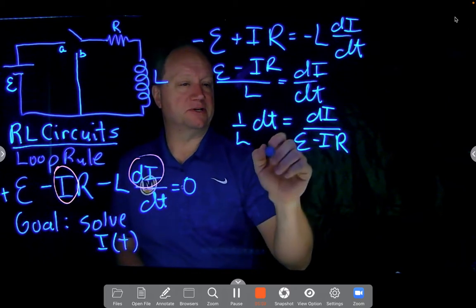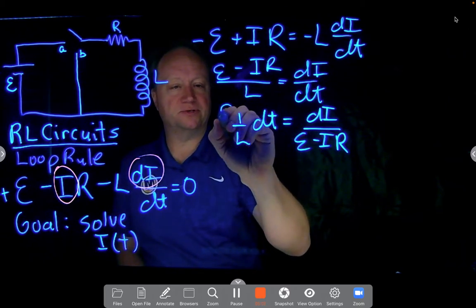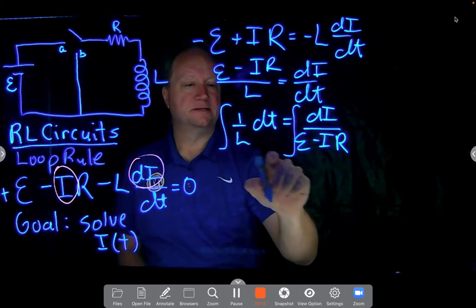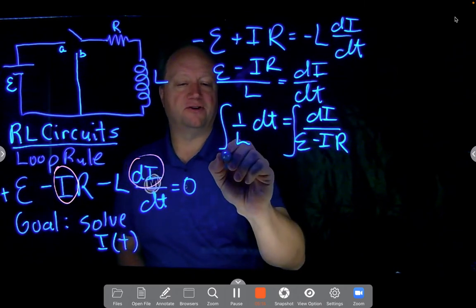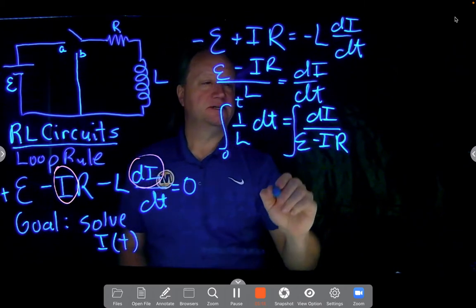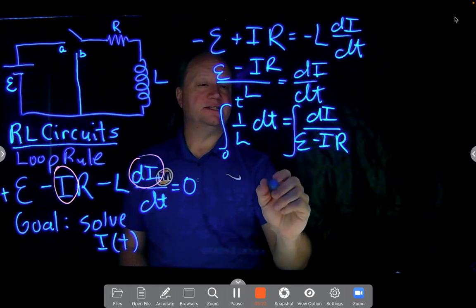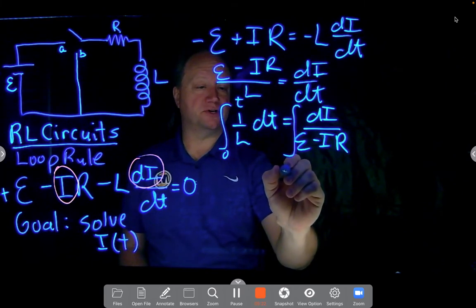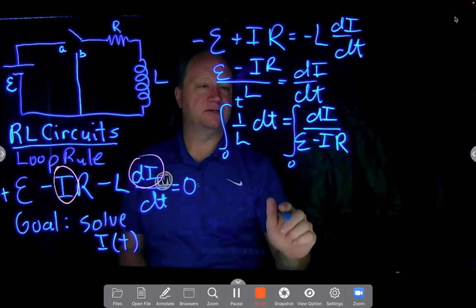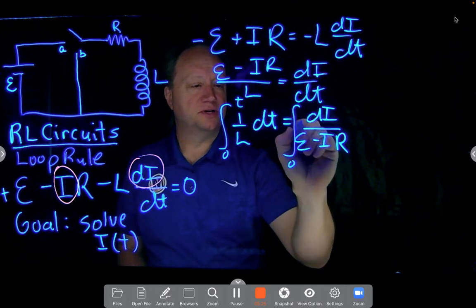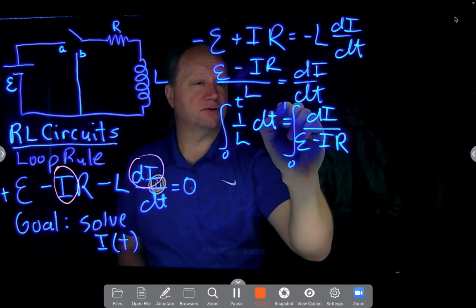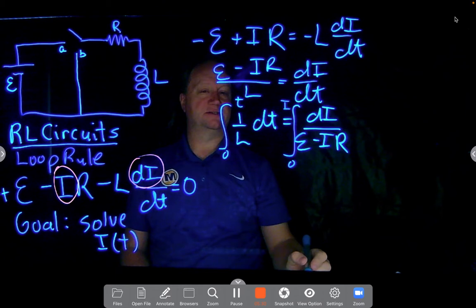Now, if I'm going to solve, I'm going to integrate both sides. Over on the left side, from 0 to t. Over on the right side, this would be from the initial current, we saw that on the graph to be 0, up to whatever the current I value is.